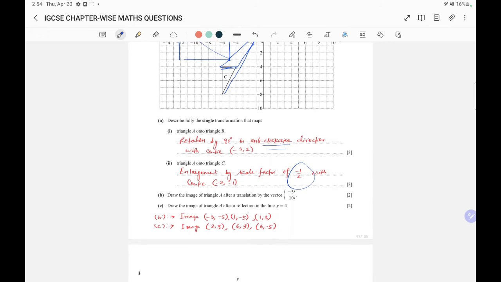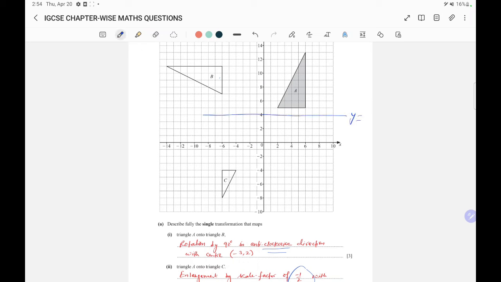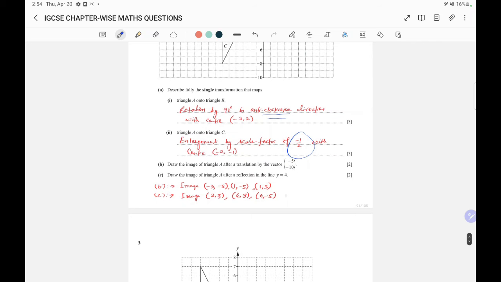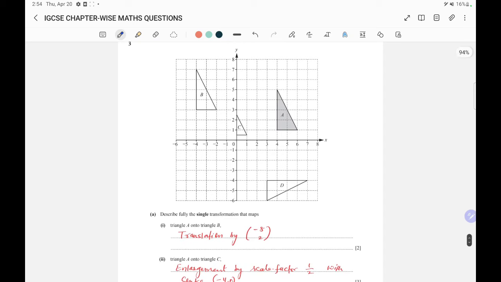Draw the image of triangle A after reflection in the line y equals 4. Okay, y equals 4. So now it will start from here and then similarly like that. I have written coordinates, you can do it and then verify here. So all questions are the same, guys.